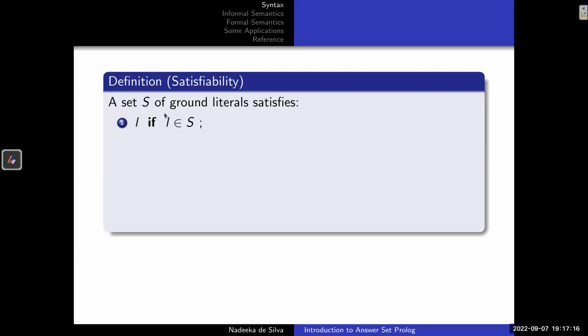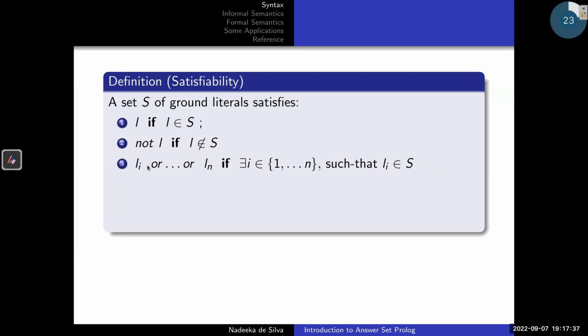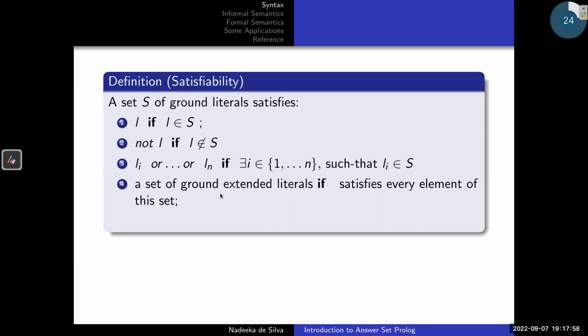If S is a set of ground literals, I say S satisfies a given literal L if L belongs to the set S. And I will say it satisfies an extended literal not L if L does not belong to set S. Then I will say S satisfies a disjunction of literals if at least one of them belongs to S. A set of ground literals S satisfies a set of ground extended literals if it satisfies every element of the set.